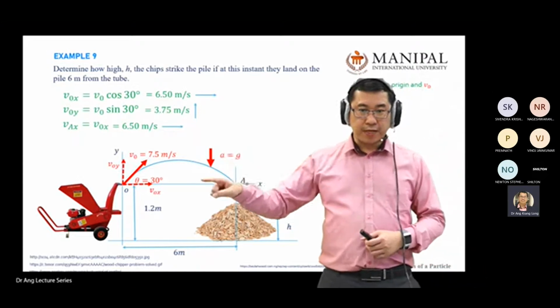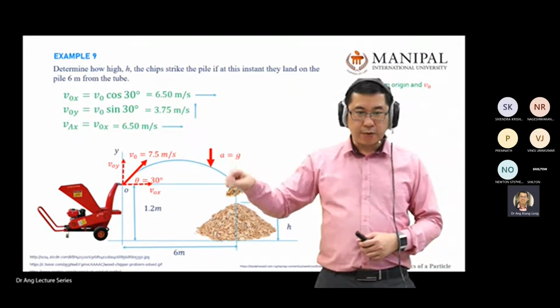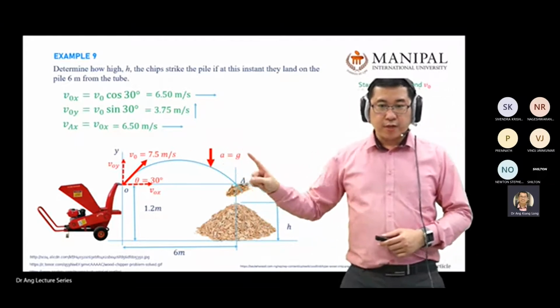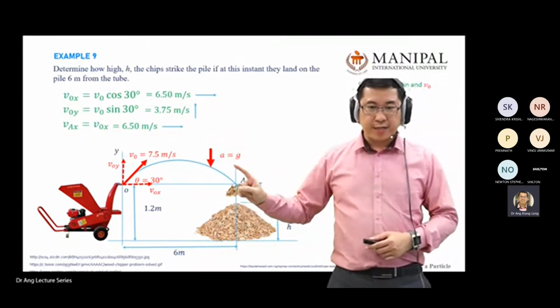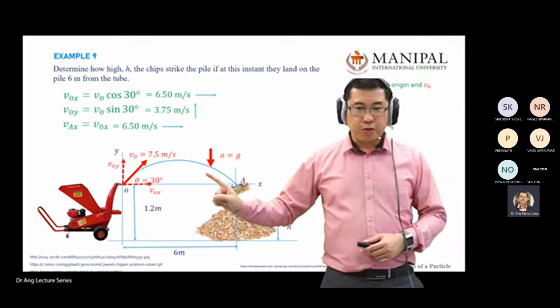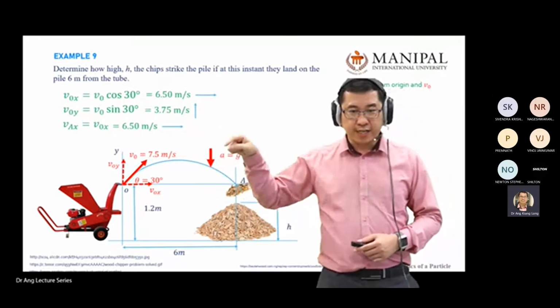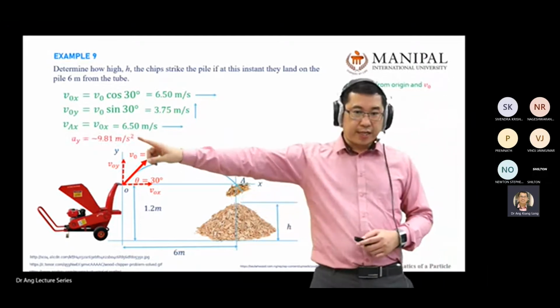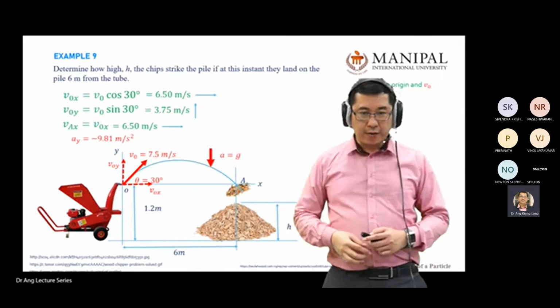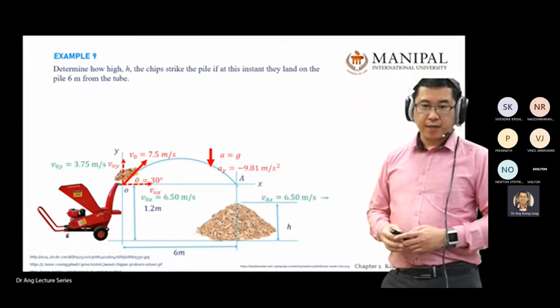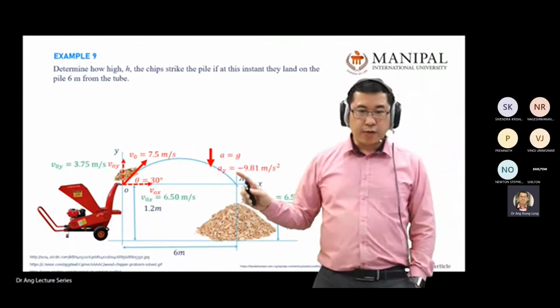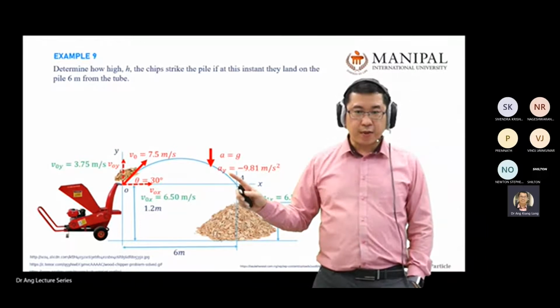Again, just remind yourself, A pointing down. Again, in the exam, if you forget to draw this one also, no problem. It just will help you to remind yourself that there is a vertical direction. Okay, and it's a negative sign there, negative 9.81 for your A. So I put all the information there. Just now we already calculated what is our AY.